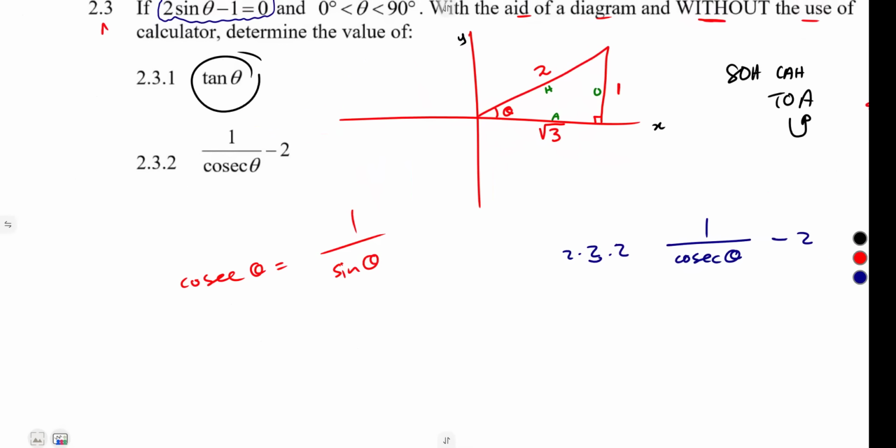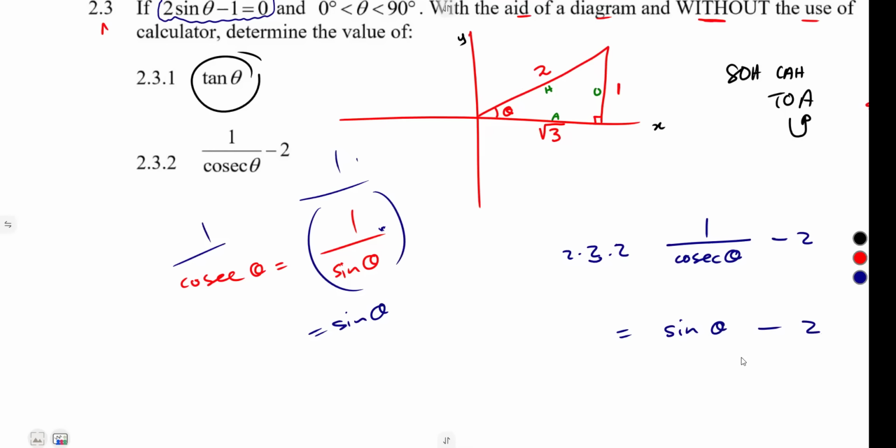So now the moment you have it as 1 over this, it means you're going to have 1 over that. And 1 over this is the reciprocal. And the reciprocal of 1 over sine is going to be what? The sine of theta. So the 1 over cosec of theta is going to give us sine theta, all right, minus 2. So find sine theta from this.